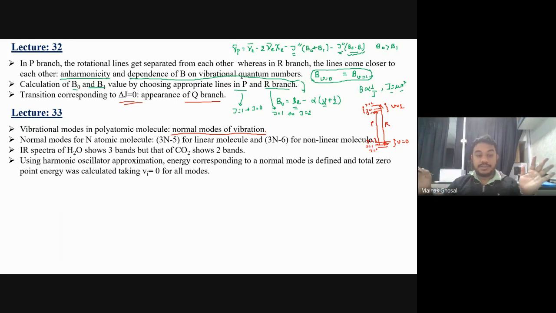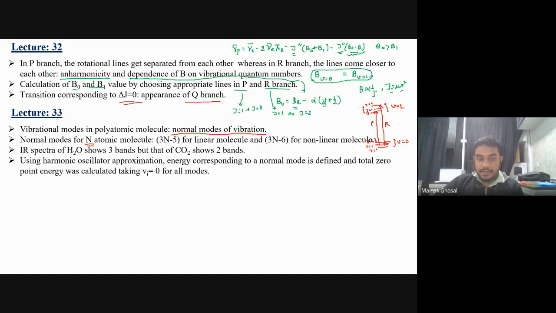For a molecule with n atoms, there should be 3n degrees of freedom. Suppose for one atom, I can move it in x, y, z, the 3 directions. So if I have n atoms, I can move them in 3n directions, so 3n degrees of freedom are possible.